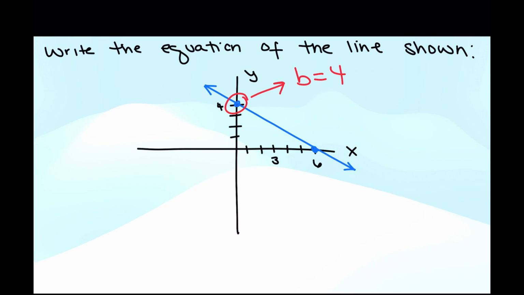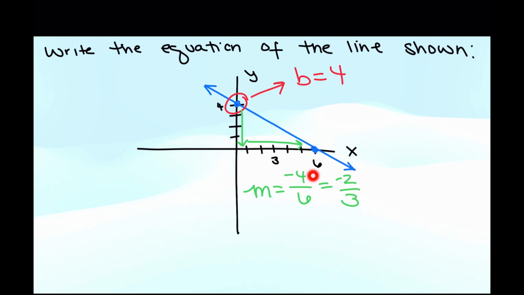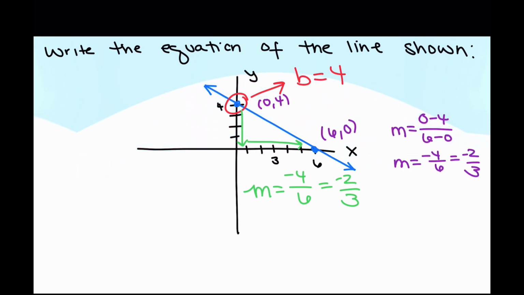To find slope, I can use the rise over run definition. So to get from 0, 4 to 6, 0, I have to go down 4 units and over 6. So the rise is -4 and the run is +6. That reduces down to -2/3.